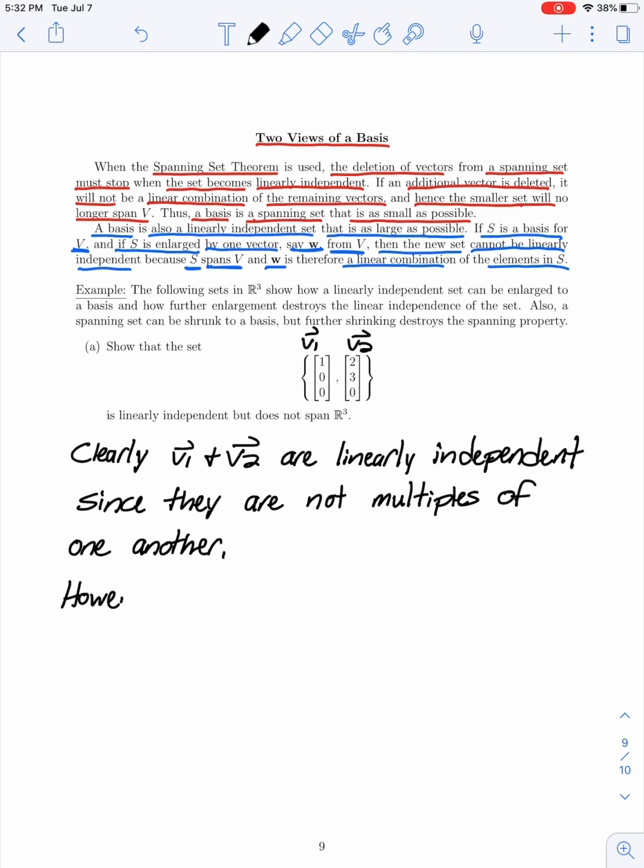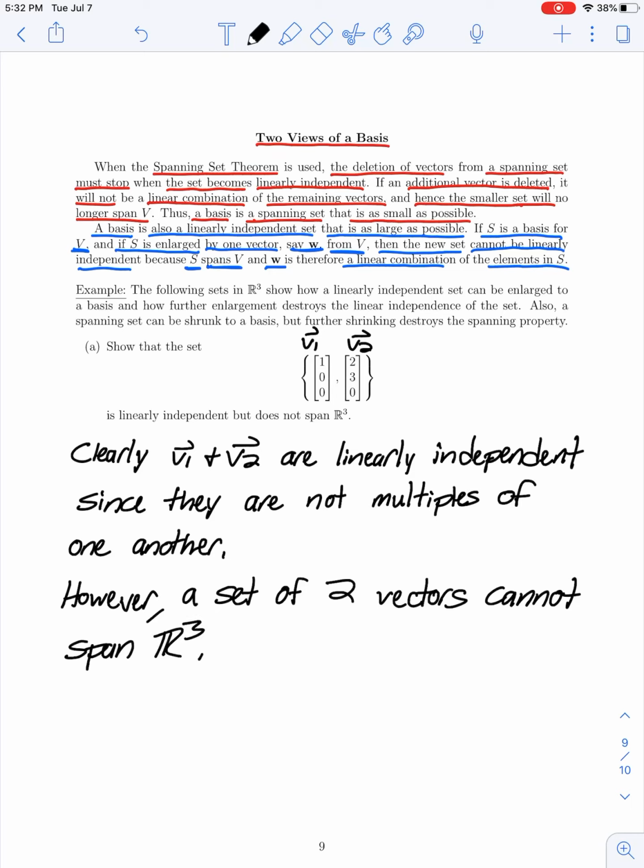However, as we mentioned in an earlier example from this section, a set of only two vectors cannot span all of R3, since the number of vectors is less than the dimension of our space. We've established what we desired.